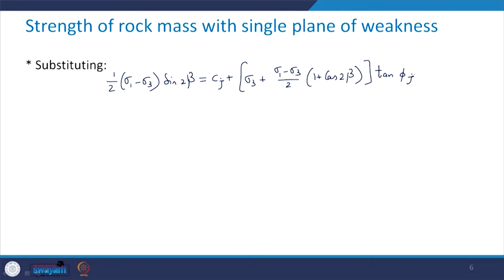Just simply substitute the expression for tau j and sigma j in the Mohr Coulomb envelope for the joints.